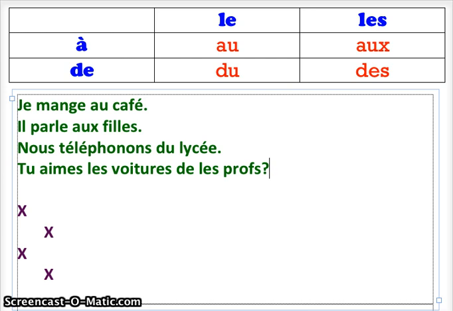Everything's right. Everything's spelled right. The grammar's right. Except we have this issue of de and les. Les cannot directly follow de. When these two words come together like this, they form the contraction des. So we have tu aimes les voitures des profs?